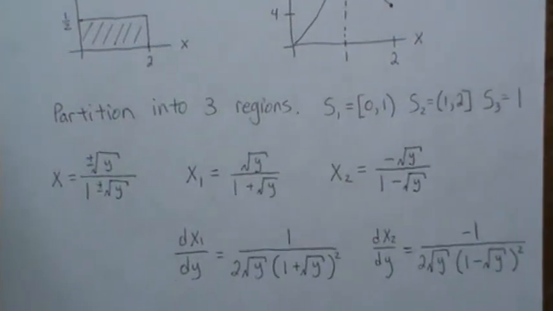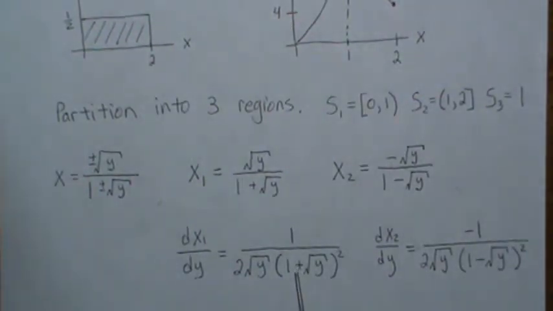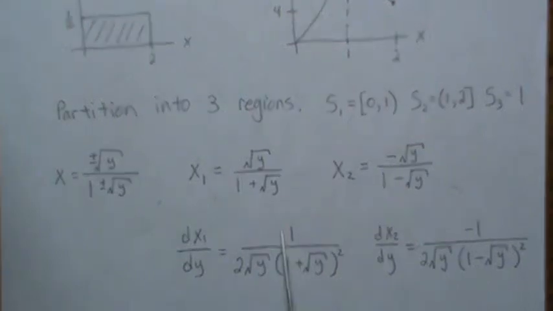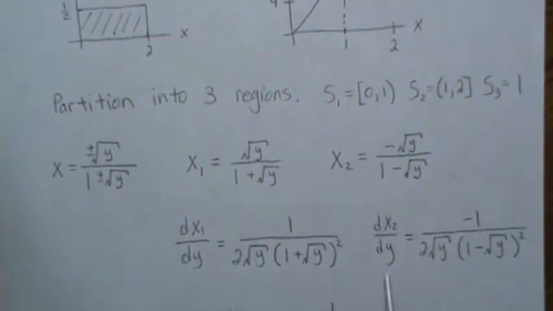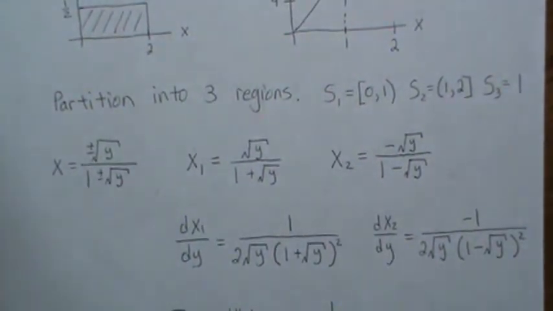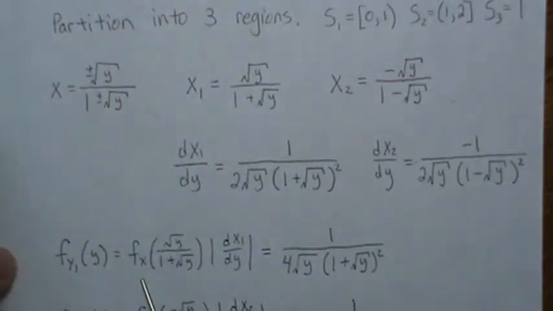Then we take the derivative of both of these, and we get this. Notice that there's a sign change here. The 1 and minus 1 will go away when we take the absolute value of them. So over region 1, we take f of x, plug in what we have back solved for, plug it into the density. But it's 1/2, so there's really nowhere to plug it in.